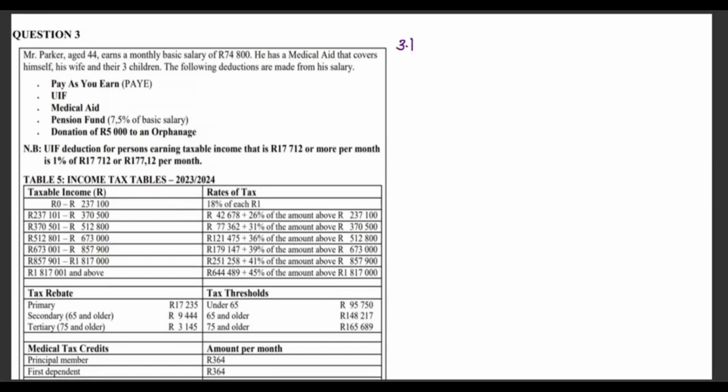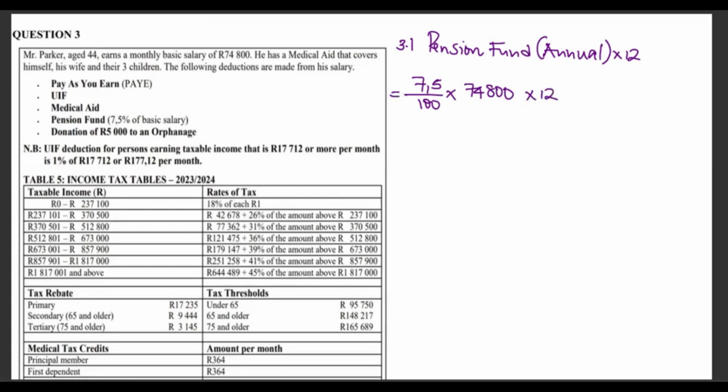This is question number 3.1. We're looking at the pension fund, which is annual. So the moment we hear annual, we shall need to multiply by 12. We take 7.5% times the money that he gets, and after that we multiply by 12.